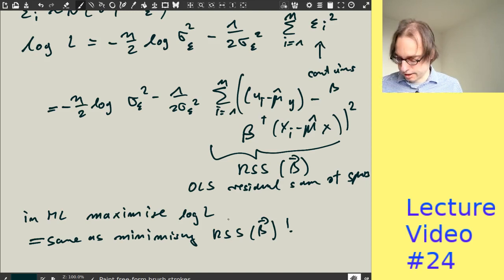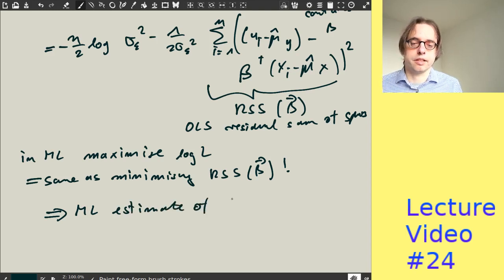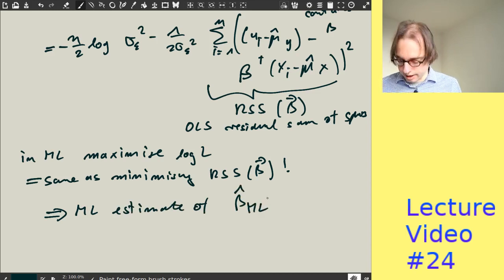And then we get estimates of the ML estimate of the beta ML, and that turns out to be exactly the same thing as before.